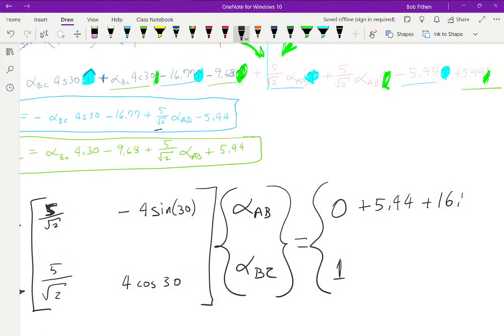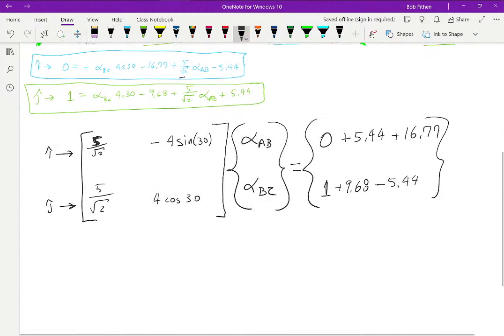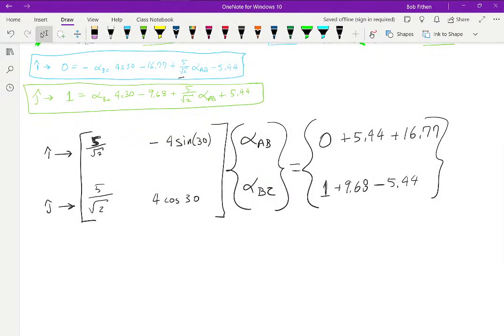Plus 16.77. Then on this one we have this term and this term. Again, they change signs. Plus 9.68 minus 5.44. If I solve this matrix, I solve alpha AB and alpha BC.